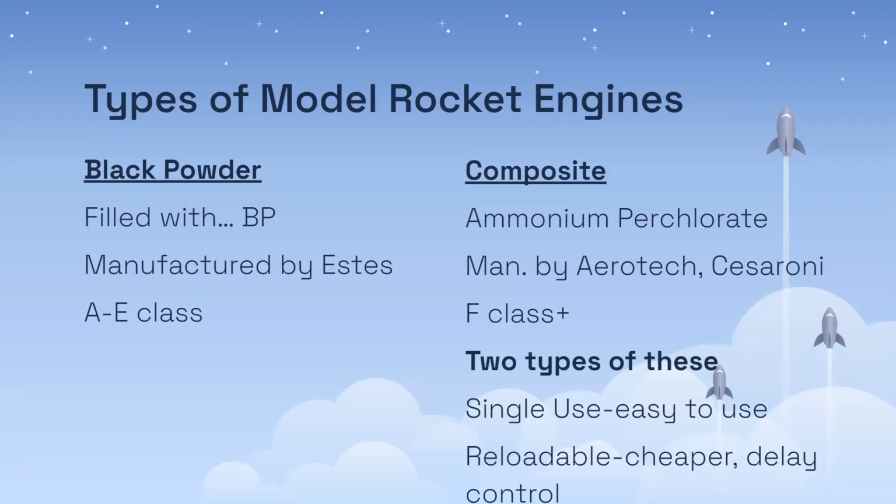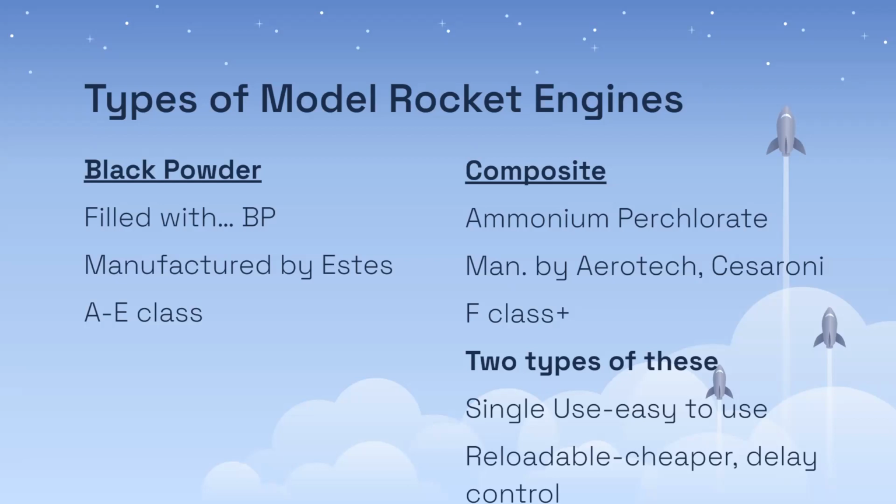One of the reasons that they are typically relegated to smaller classes is that it's, legally speaking, a bit harder to sell massive tubes of what is basically safer gunpowder. And so that's why we have composites, which are chemically based ammonium perchlorates, and these are usually manufactured by Aerotech and Cesaroni and can be found in all motor classes greater than F.